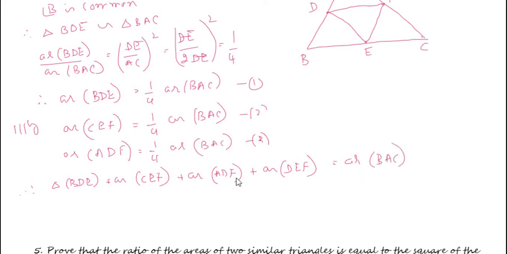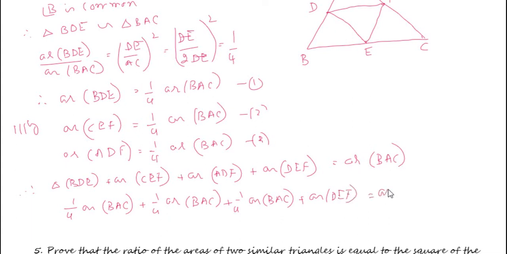BAC. Now this is 1 by 4 area BAC plus 1 by 4 area BAC. I am substituting for all these three, plus 1 by 4 area BAC plus area DEF, which we do not know yet, is equal to area BAC.